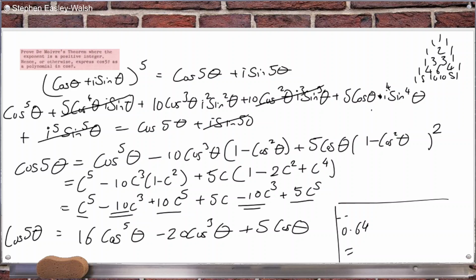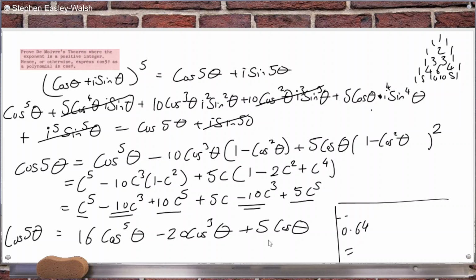I'll just type the whole thing in: cos 10 to the power 5 minus 20 cos 10 to the power 3 plus 5 cos 10, with the 16 in front of the first term. And that is equal to 0.64, which is what I just said a moment ago.